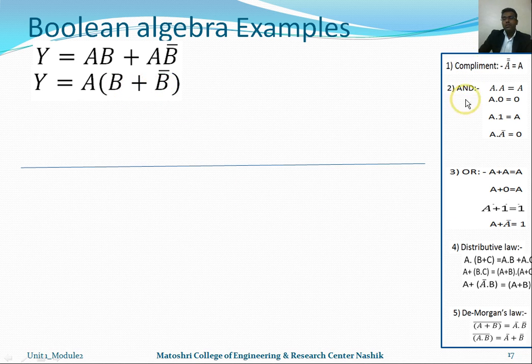From the rules you can see that A is OR with A complement, we always get the output as 1. Similarly, B is another input, so B is ORing with B complement, we get 1.